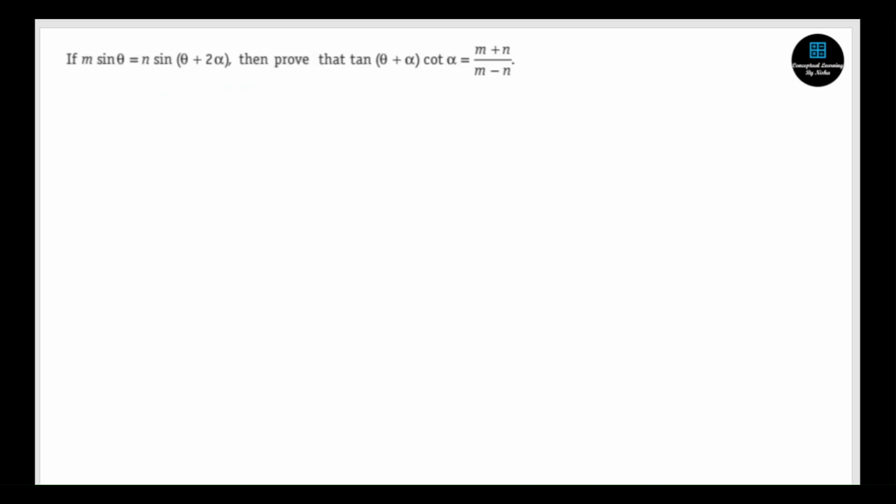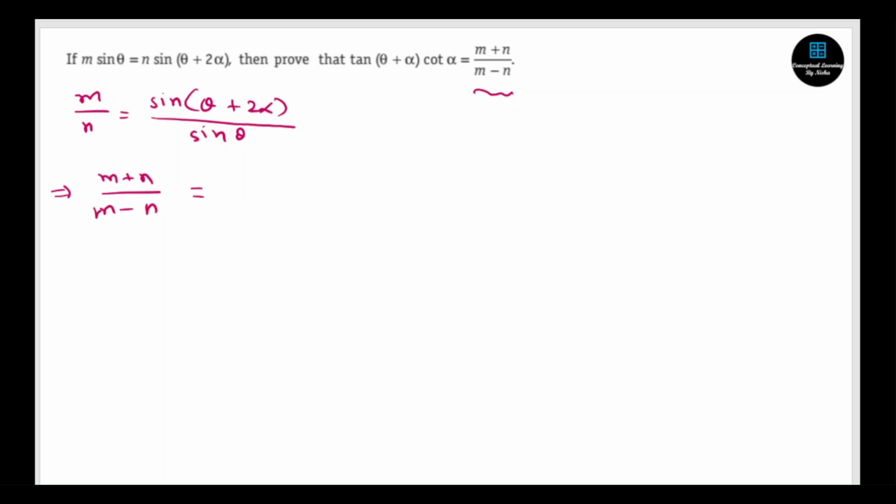Now very interesting question. Okay, so let's start doing this. I'll start with this. m upon n is equal to sine theta plus 2 alpha upon sine theta. Now here if you see, this is the componendo dividendo rule. So I can apply that: m plus n, m minus n.